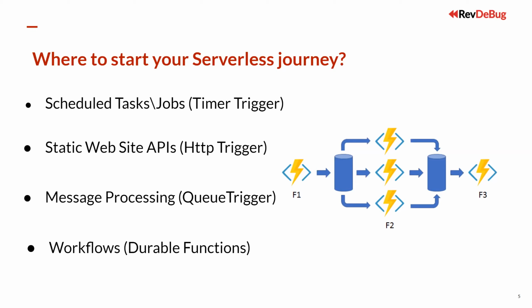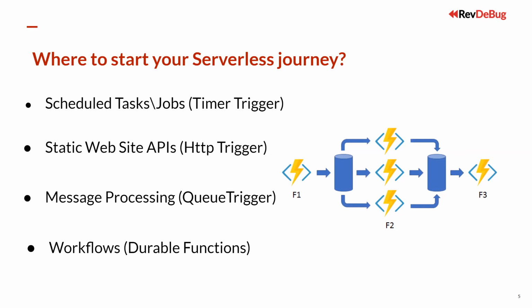But these are 4 kind of natural places where if you're not being given hey, go build XYZ because we have a new project, and you're just looking for some opportunities to kind of start your serverless journey, these are 4 good areas that you should probably consider, and that you can get some immediate value from serverless and specifically, obviously, Azure Functions, right?